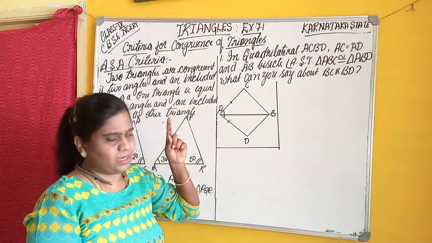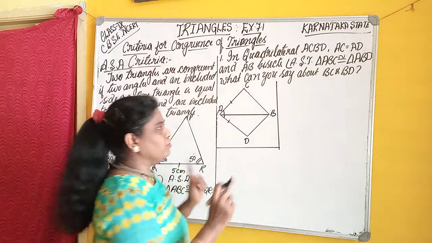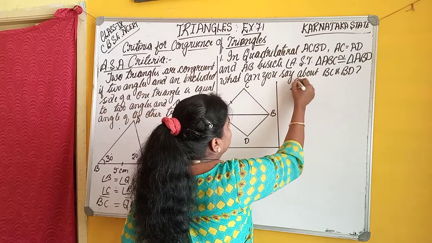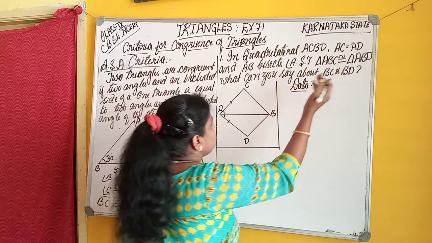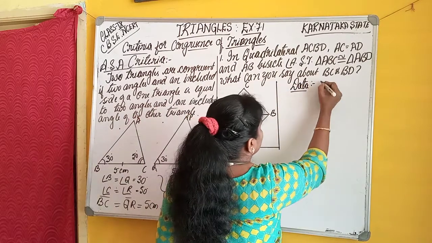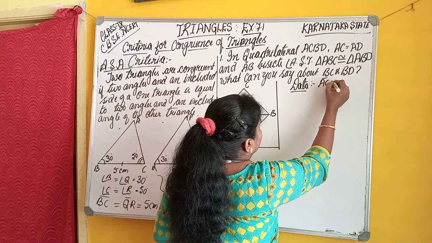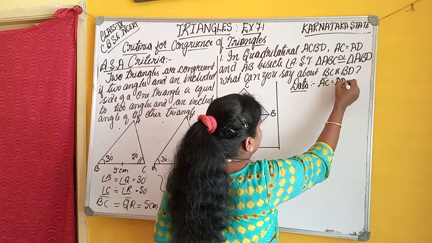Let us think about that. First, we have to write the data. Data is what is given. That is, AC is equal to AD.